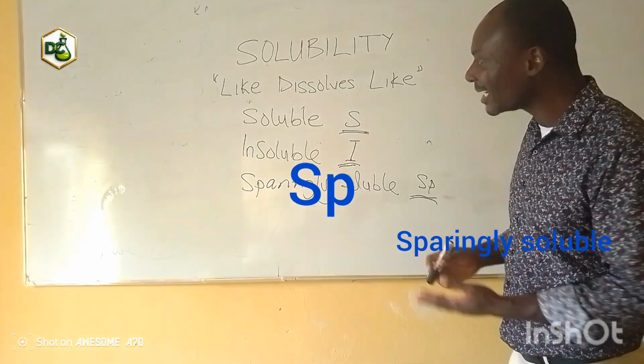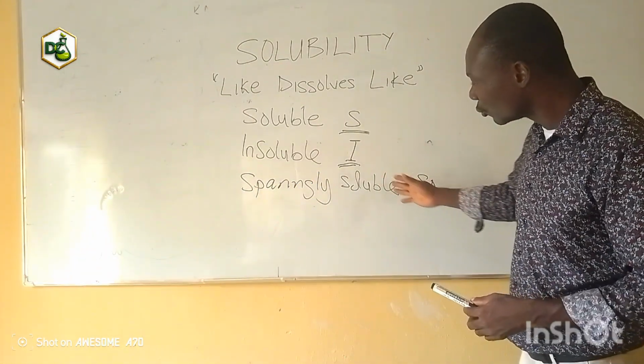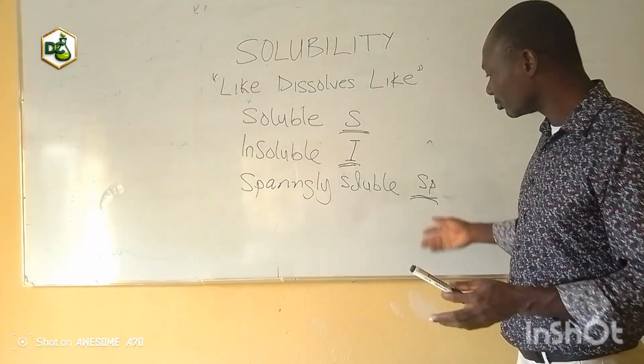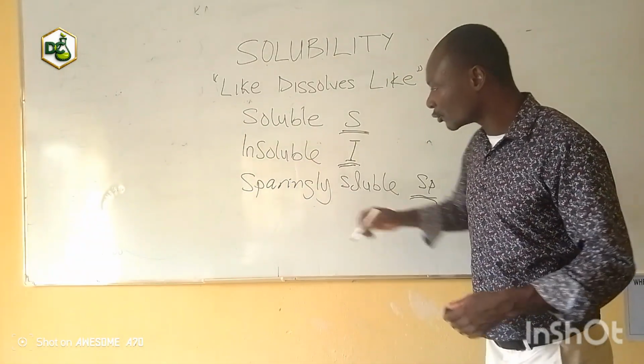So when you are carrying out the experiment and you are instructed to judge, you can in such form use SP to represent sparingly soluble.